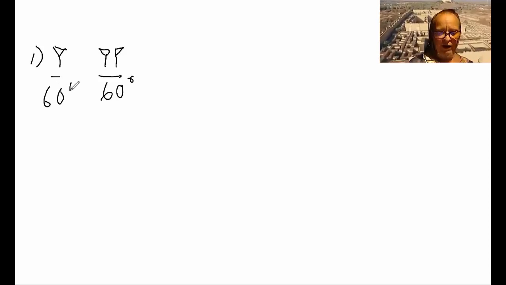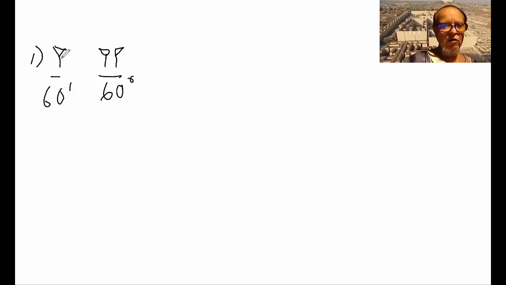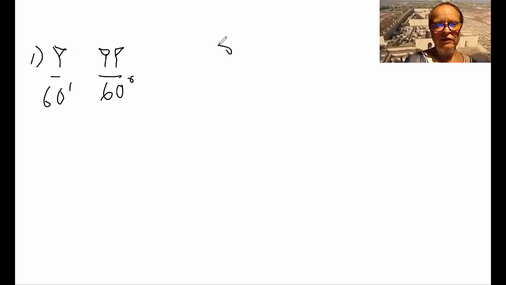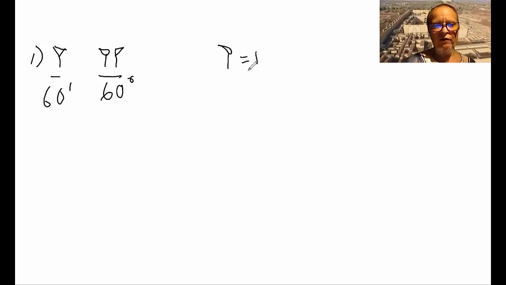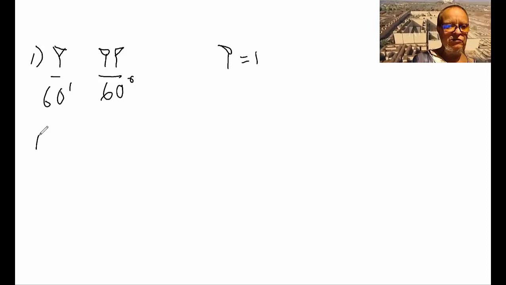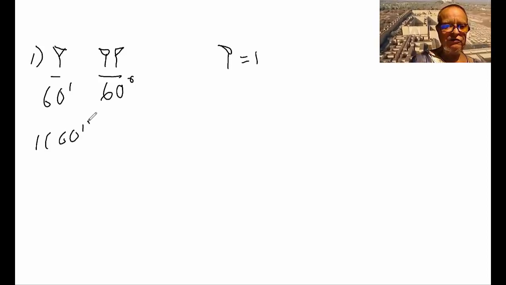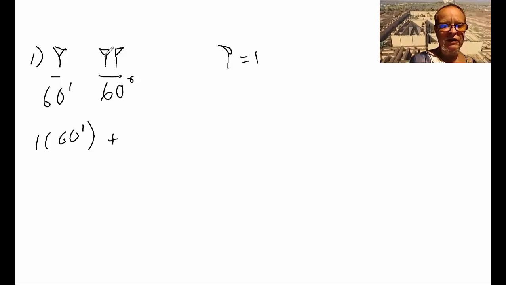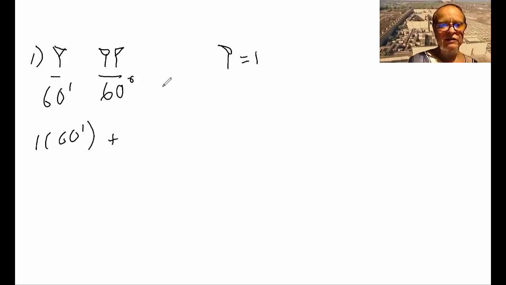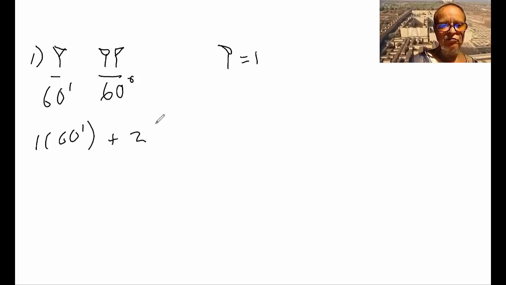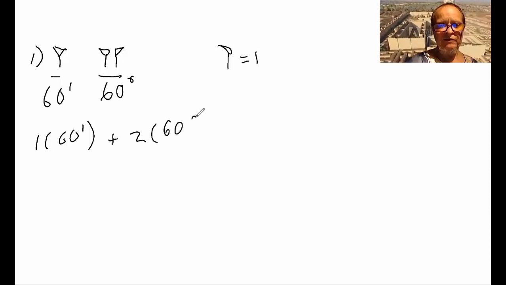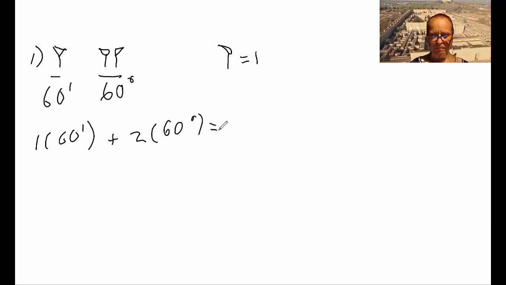Now since we have here this symbol, which is equal to 1, that means this is 1 times 60 to the first power, plus, and since there are two of these, this is 2 times 60 to the 0 power.